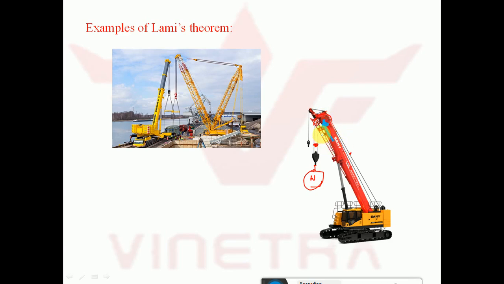These two are in tension, that is, so there are three forces. This weight is acting downward, because of which this string has come in tension. So see here, there is a compressive force acting here, and there are tensile forces acting here. So there are totally three forces.